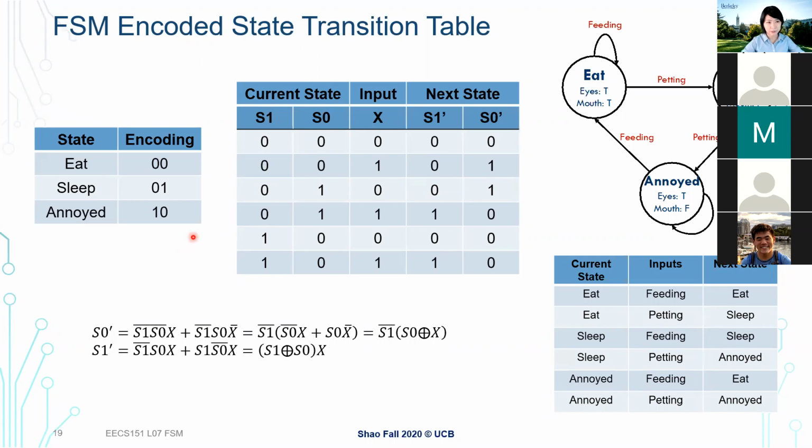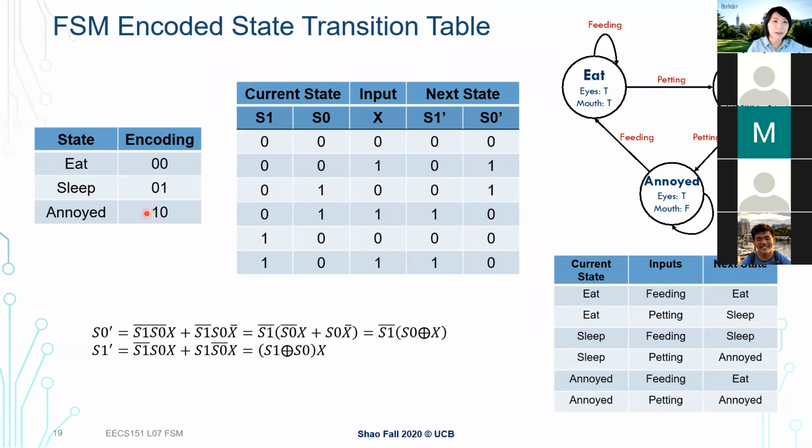For this particular encoding, let's say we do a very simple binary encoding. We have 3 states, right? For 3 states, we need 2 bits to represent them. We start with the eating state as 0, 0, the sleeping state is 0, 1, and being annoyed is 1, 0. So this is our state encoding.